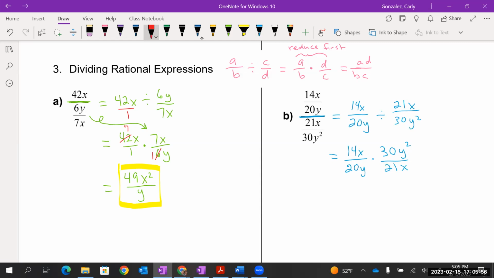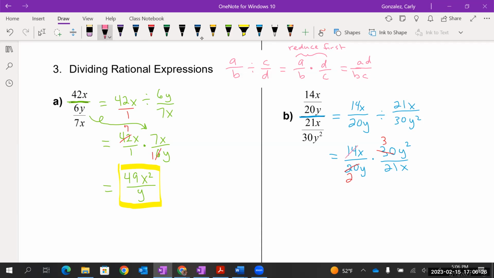Let's first reduce the numbers. So we might see that 20 and 30 can both be divided by 10. So 20 divided by 10 is 2, 30 divided by 10 is 3. And also 14 and 21 can both be divided by 7.